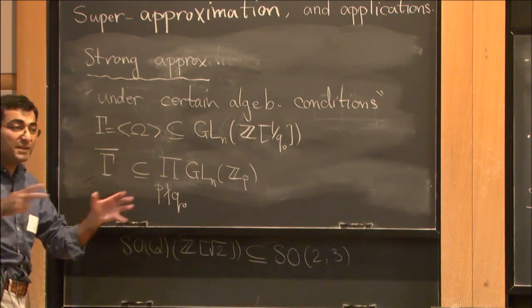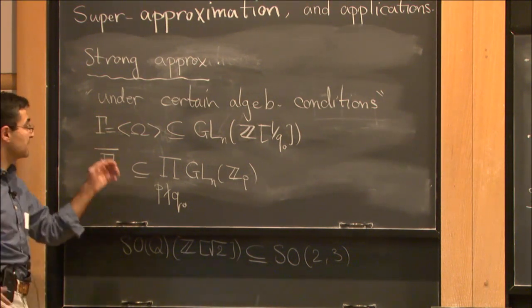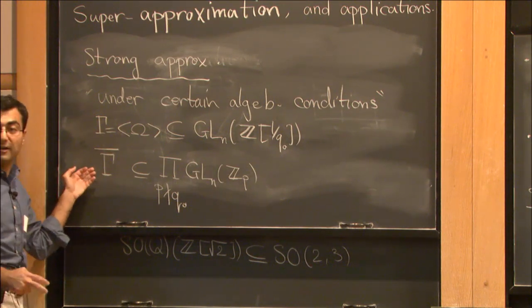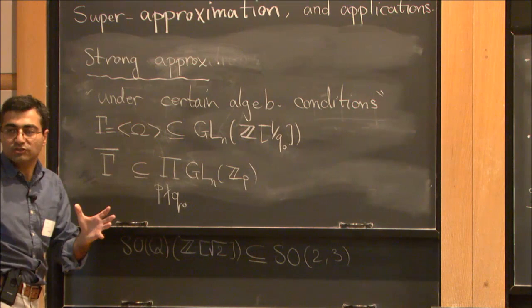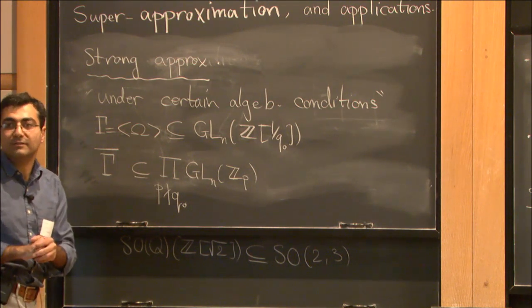So if you look at all the polynomial equations that gamma satisfies, clearly this cannot be outside of that. Now, inside that, it's very large. So it's a finite index subgroup of that.